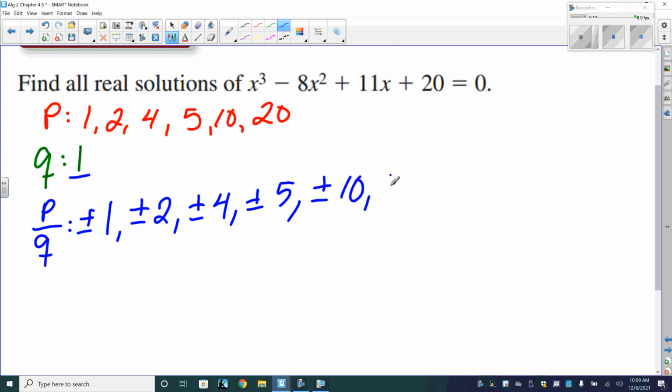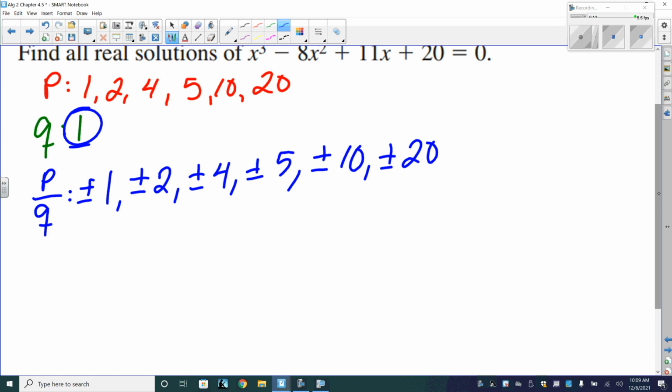And 20 divided by 1 is plus or minus 20. So have we done all the factors of P over our first Q term? Yes? Then if we had another, well, the only Q term we have is 1, yes? We're done. If there had been another one, we'd move to whatever the next factor of Q is and do the exact same thing. We'll see one of those in a minute.